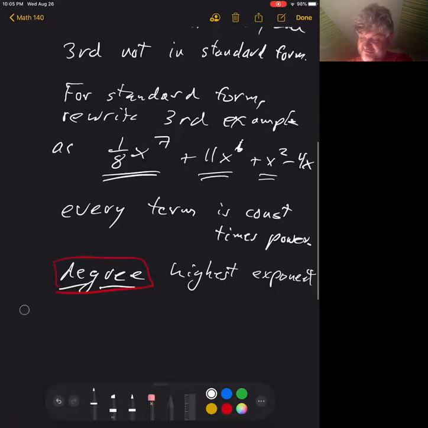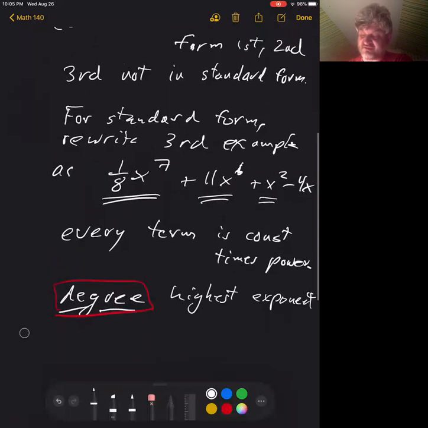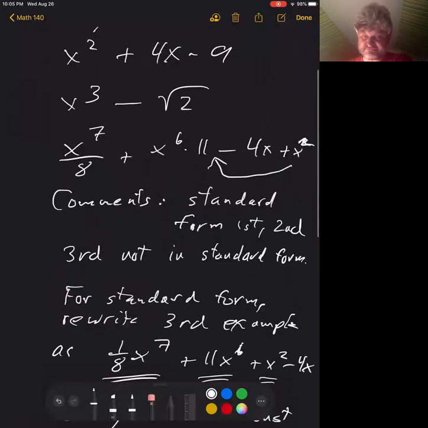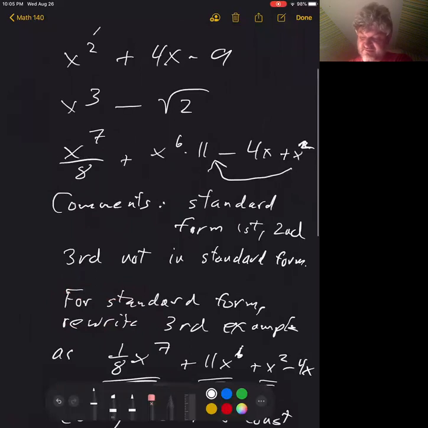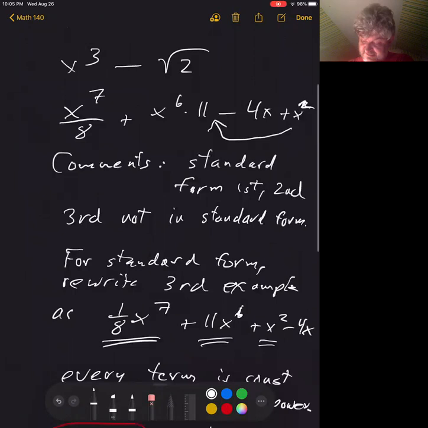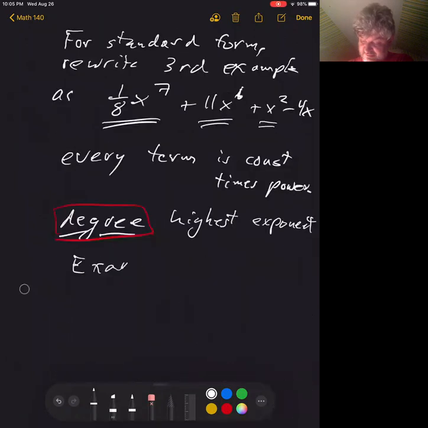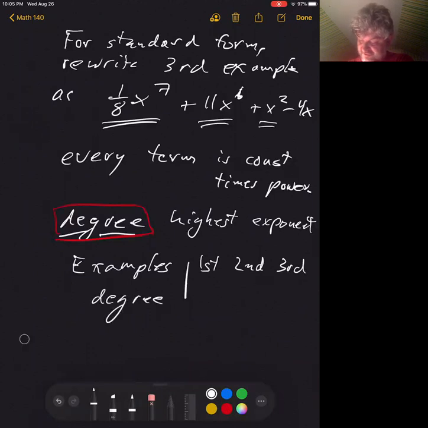Looking at my examples, the first example has degree 2, the second one has degree 3, and the last one has degree 7. So degree 2, degree 3, and degree 7.